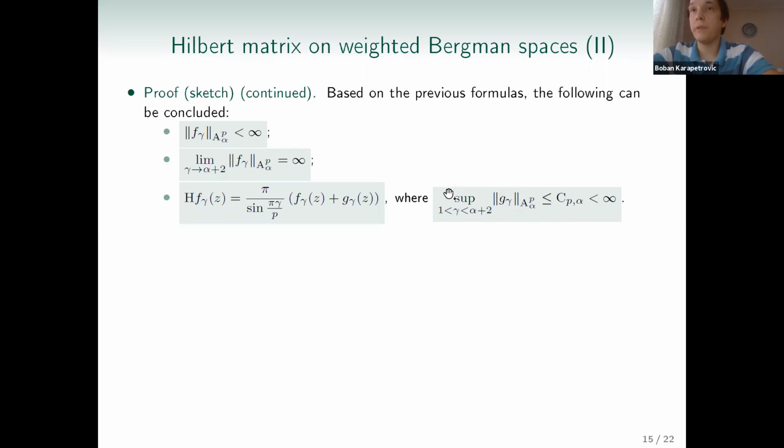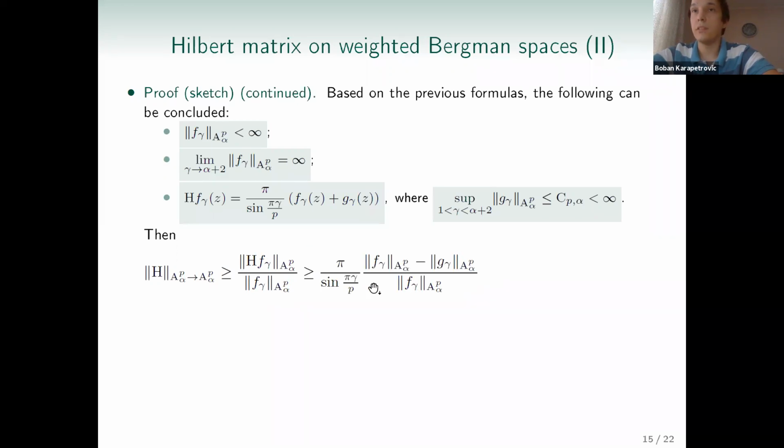So this supremum is finite when gamma is between 1 and alpha plus 2. And then the norm of the Hilbert matrix H on the weighted Bergman space A^P alpha is of course greater than this quantity. And by using the triangle inequality, this is greater than this quantity. So this is the quantity on the right side.